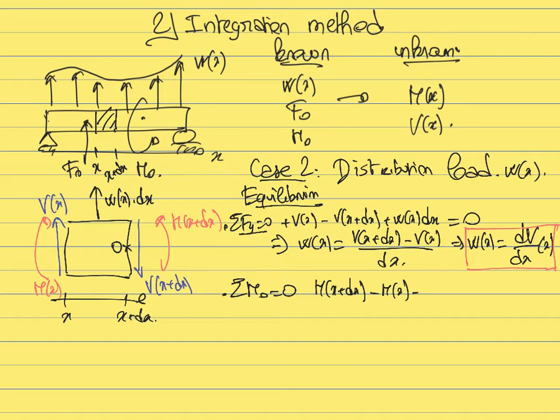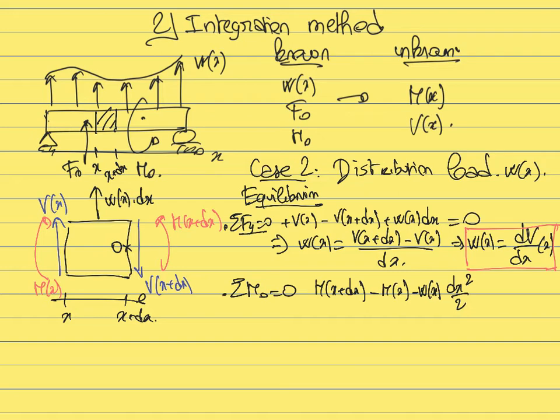We would have the arm of the force, which would be dx over 2, times the value of the force, which would be w of x times dx. That would be the moment that is associated to the distributed load. And then we have the moment that is associated to the internal shear.